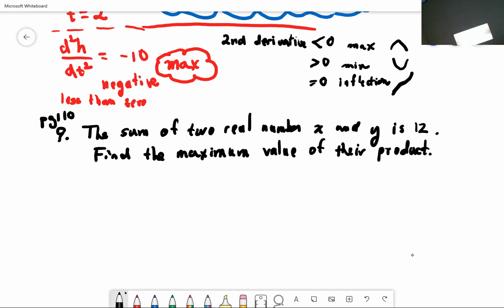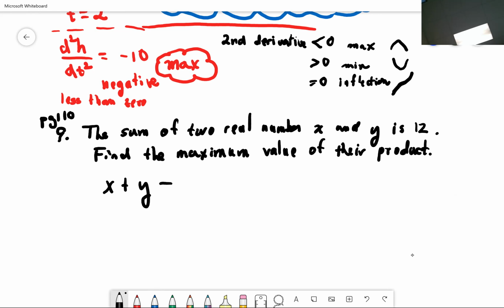So that's an interesting little question. But if you haven't done these questions before, and nobody's done it with you before, you don't know how to even proceed. But let's play the game. The sum of 2 real numbers, X and Y, is 12. So here's what you do.